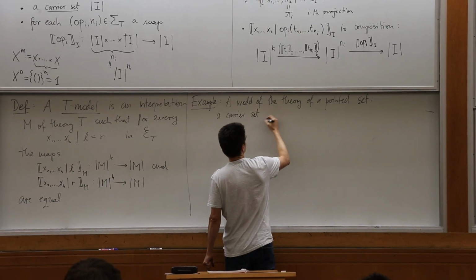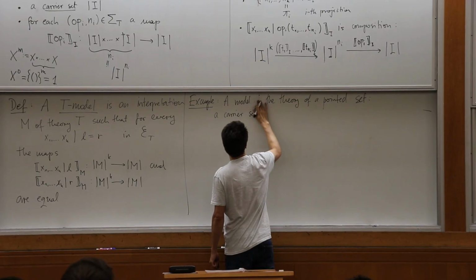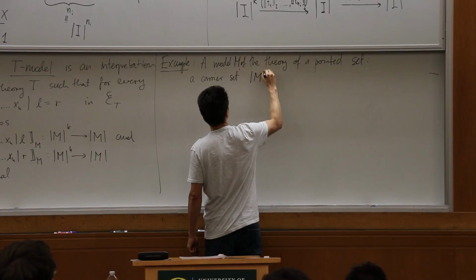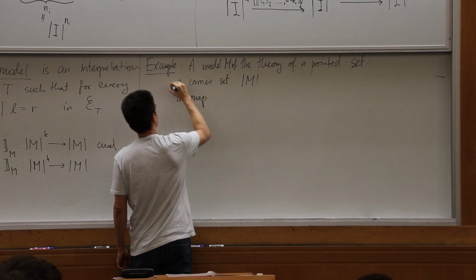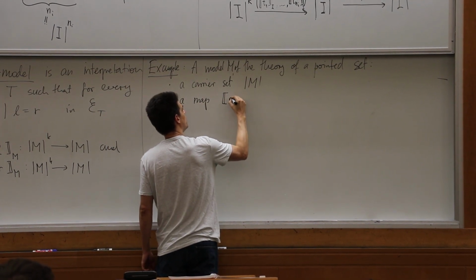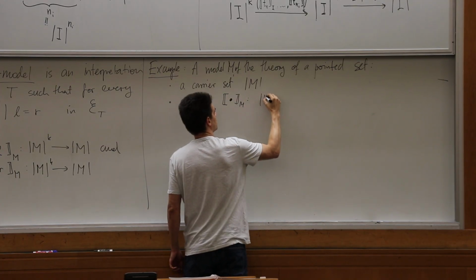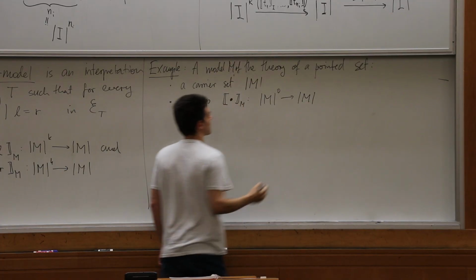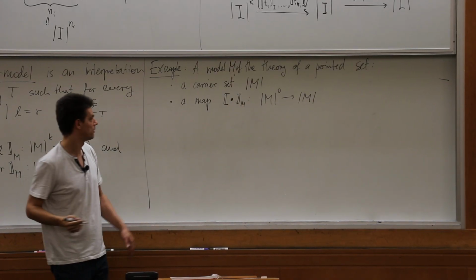Let me call it M. So a model M, a carrier set like this, and a map that interprets the bullet, and the bullet has to go from M to the 0 to M. But now let's simplify this a little bit because it just looks ridiculous.